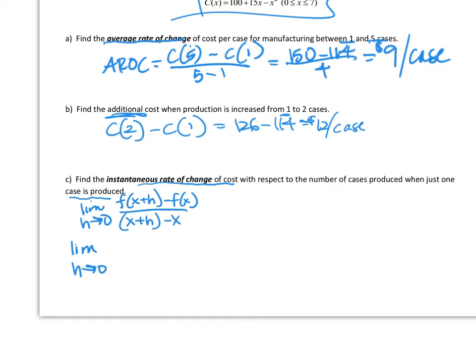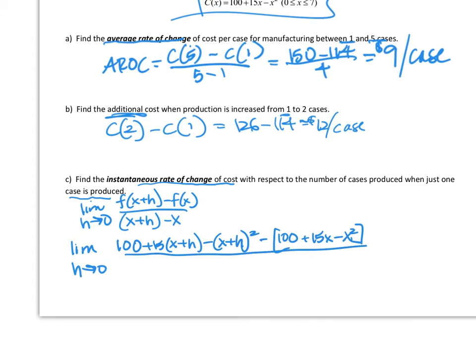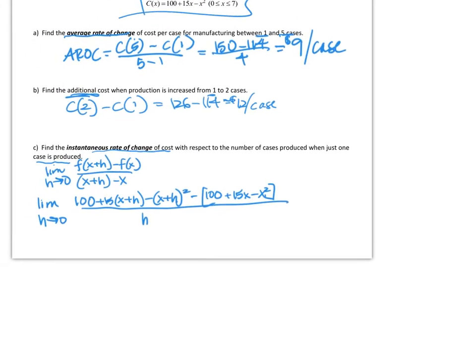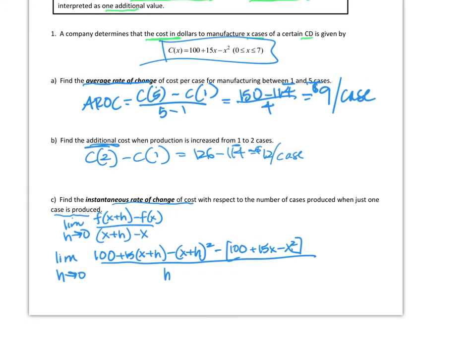We are plugging in that x plus h every place we see x, and minus the x plus h squared. And now we are subtracting that function, and it ends up being all over h. Am I going to run out of room? I'll probably have to go to the next page. All right, let's go ahead and go to the next page.